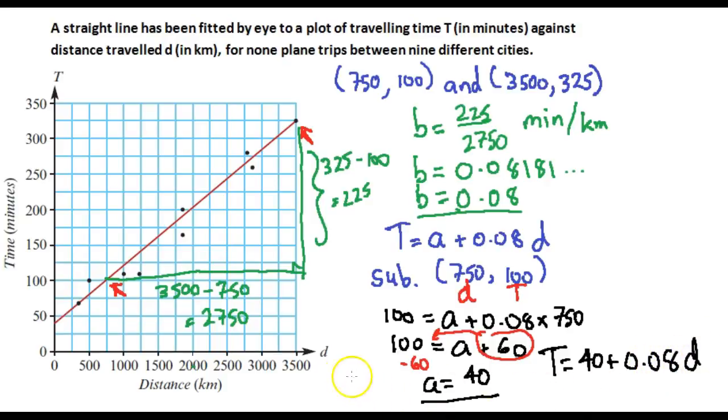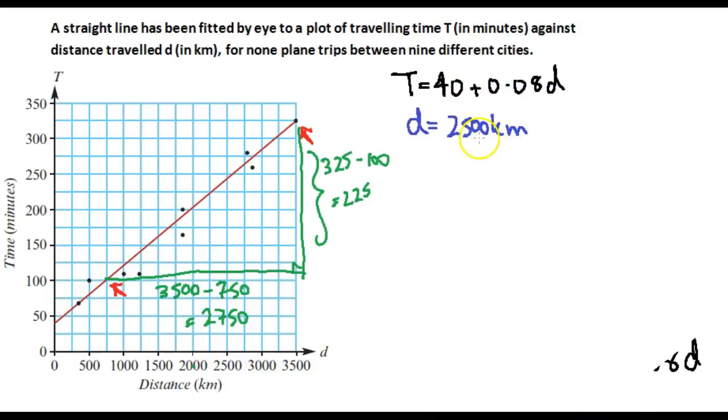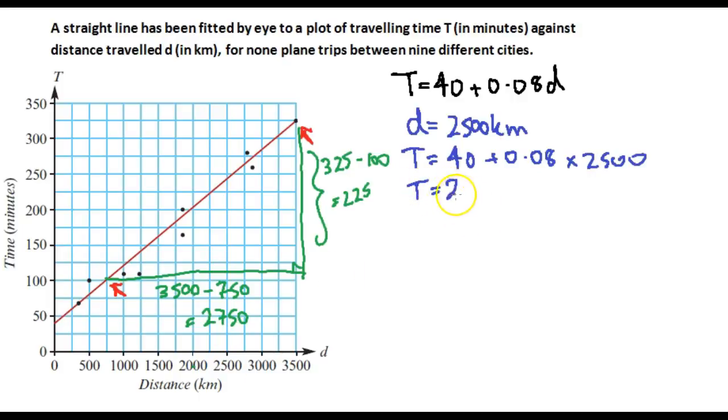Let's use this to make some predictions. So what if two cities were 2,500 kilometers apart? What would we expect the travel time to be? So we use our model T equals 40 plus 0.08 times 2,500. Do that on our calculator, and that would give us 240 minutes.